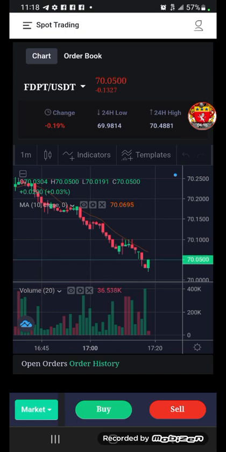Yeah, 70.04, 70.05. Let's just see what it does over the next candle, and then I'll make my buy, whatever it's at. I'm not concerned about losing a couple pennies, because it's just a couple pennies, but I would like to get it for a good price.